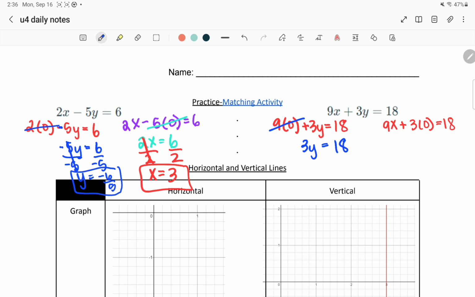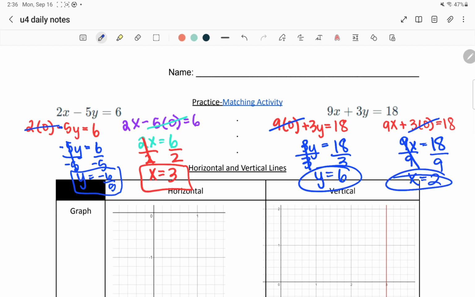We can either think to ourselves 3 times 6 equals 18, or we can do 18 divided by 3, where y will end up being 6. Here, I'm left with 9x equals 18, because 3 times 0 is 0. And I can, again, think to myself 9 times something equals 18, or I can divide on both sides, and I can still get x equals 2.